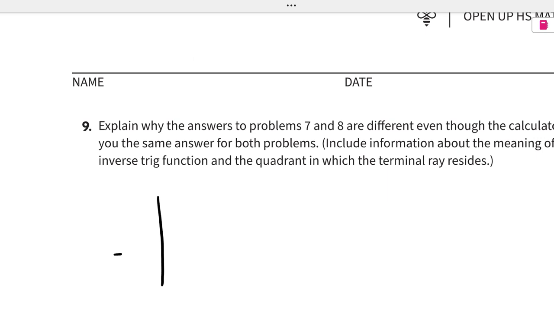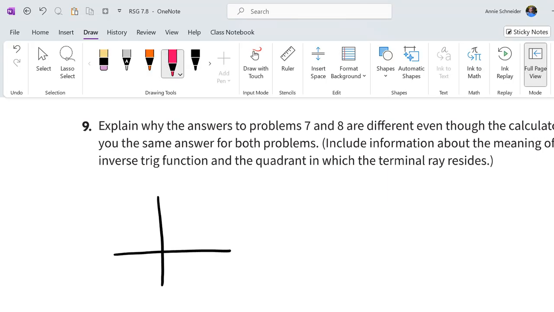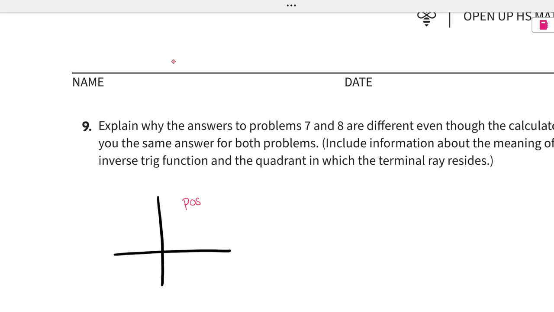Let's talk about the quadrant. When we do cosine of our angle, in quadrant 1, it's positive cosine. And in quadrant 2, it's negative cosine. Well, quadrant 4 is also positive cosine.